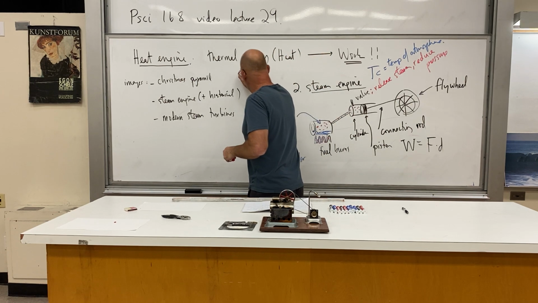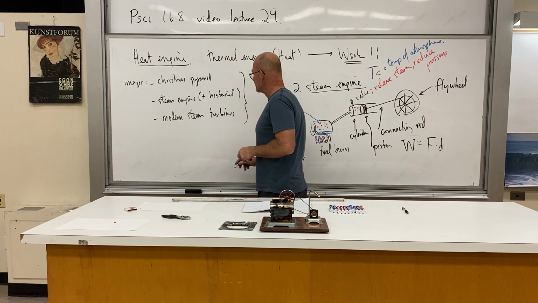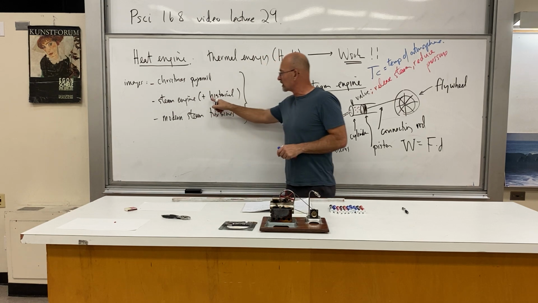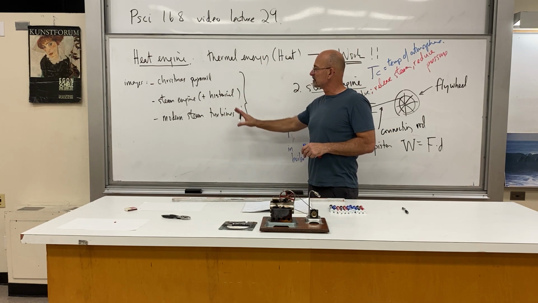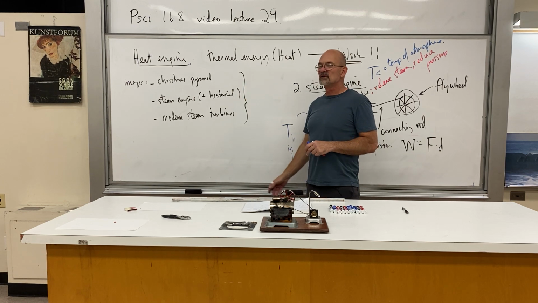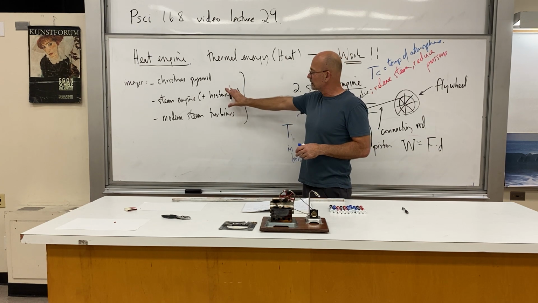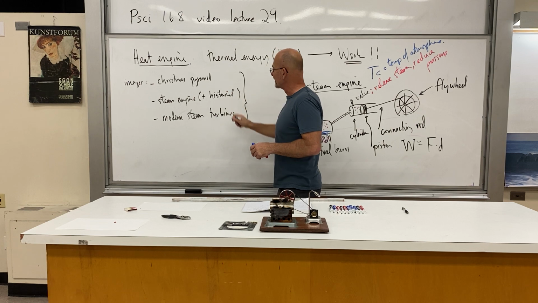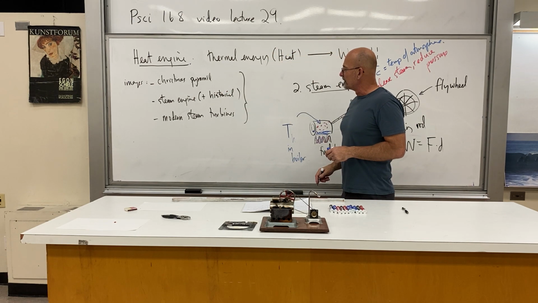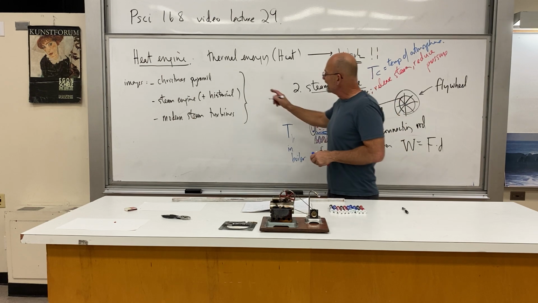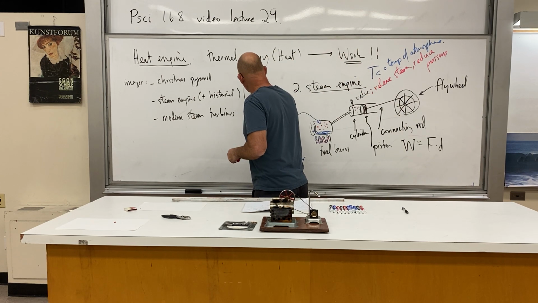What we have here, and plus historical, you know, you could include some steam locomotives. There are still some places where a few steam locomotives for trains are still in service. That's not very common, but it still exists. These are what we call external combustion.